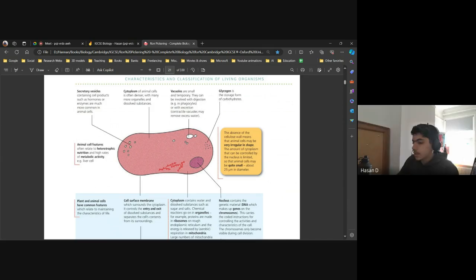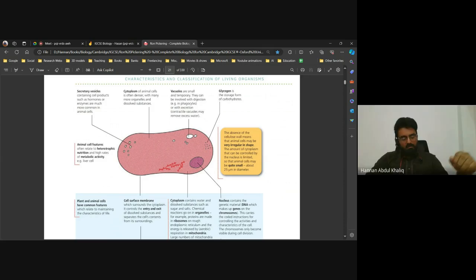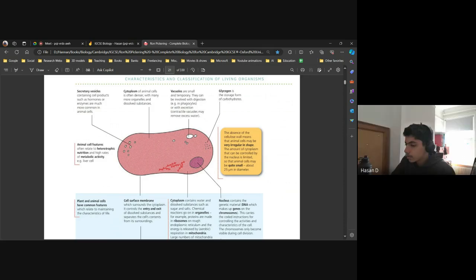It's an irregular shape. It doesn't have chloroplasts. Good. Also, because in plant cells, the vacuole is the biggest organelle. In this cell, the nucleus is the biggest organelle, not the vacuole.